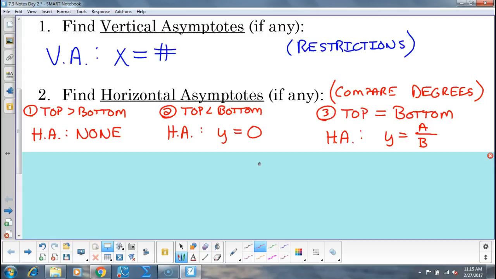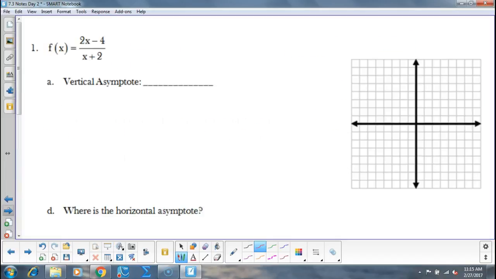So for instance, what I mean by that is if you look on the next, or on in the green packet at the top there, okay, we've got f of x equals 2x minus 4 over x plus 2. Both the numerator and the denominator have degrees of 1.